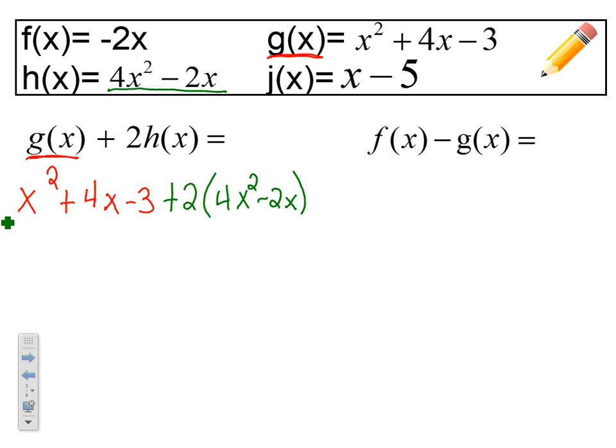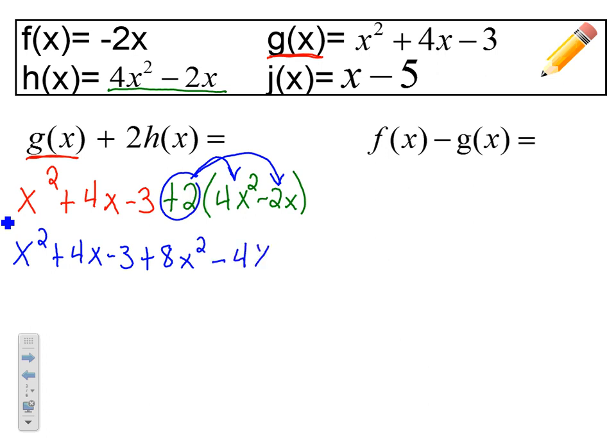Now I'm going to simplify this expression. The first thing I have to do is distribute. So I'm going to leave my x squared plus 4x minus 3, and I'm going to distribute this 2 in here. So I'm going to get plus 8x squared minus 4x.